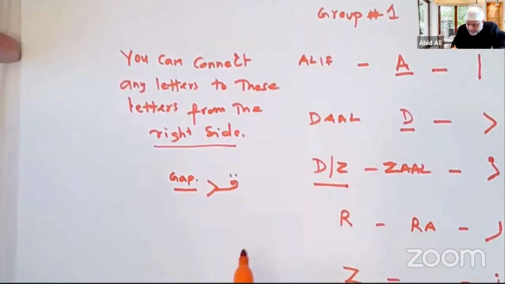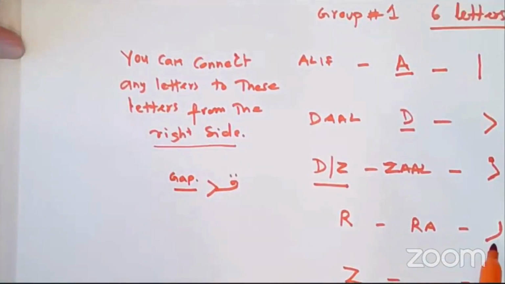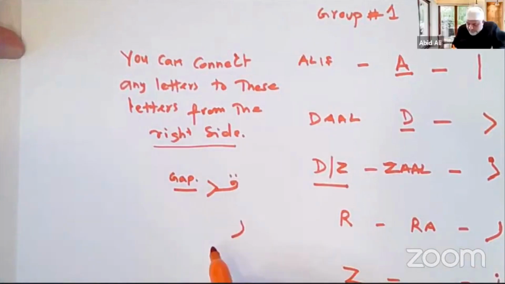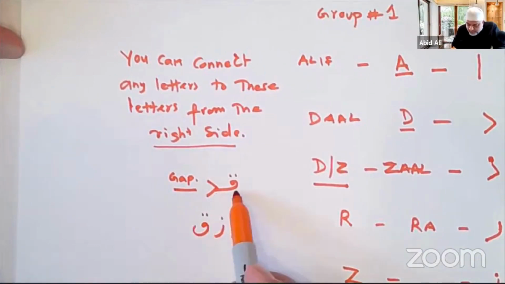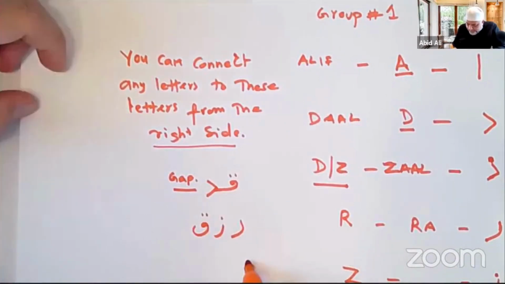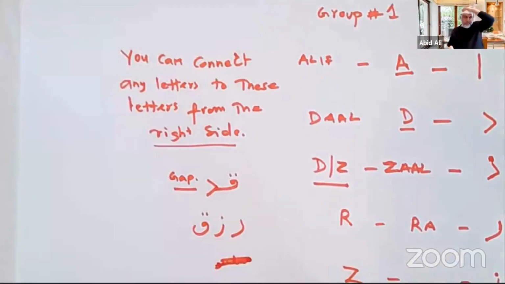Let me think of an example. If I take Ra and I want to say rizq, you see, I could not connect the letters from the left, but from the right I could connect right next to it. What is an example of connecting Ra?